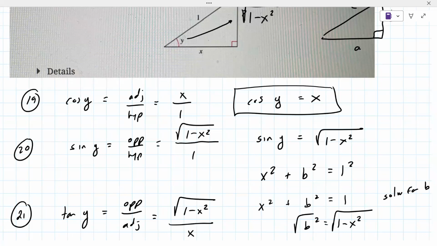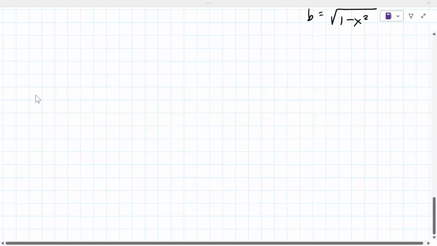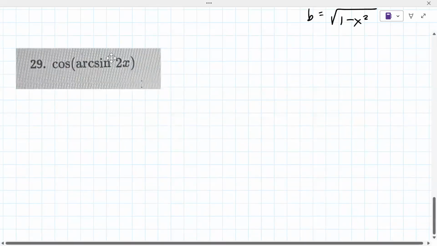So typically though, you have to make the triangle, which is what's coming up in the next grouping of questions. So I guess we'll start with 29. Why not? That's fine. So it's like, what do you even start with here?